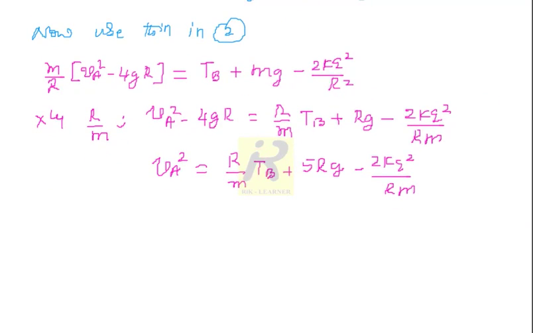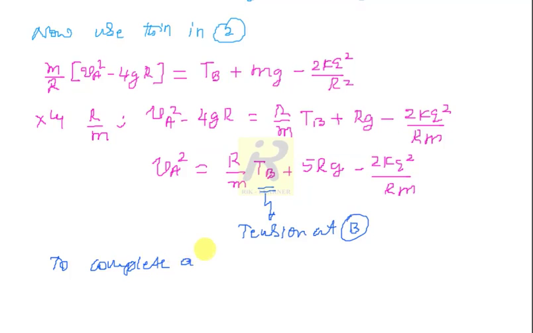And now note something about TB, the tension at B. To complete a revolution, tension at B should not be 0.